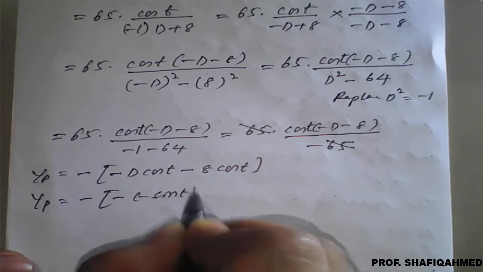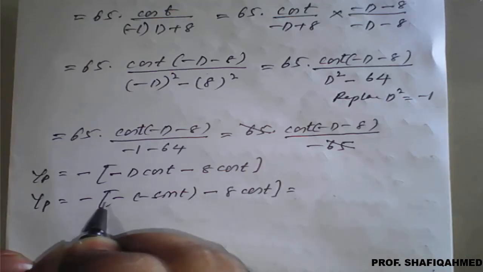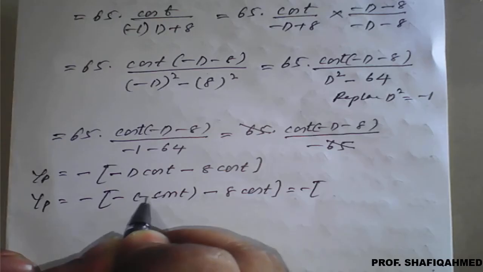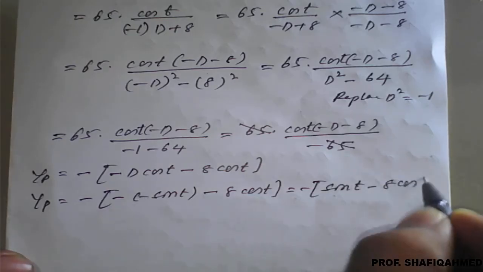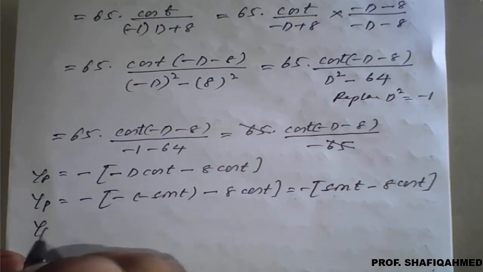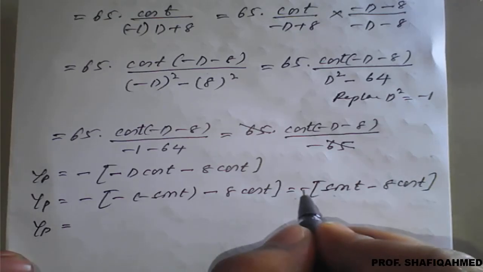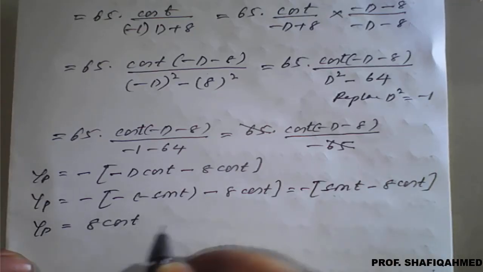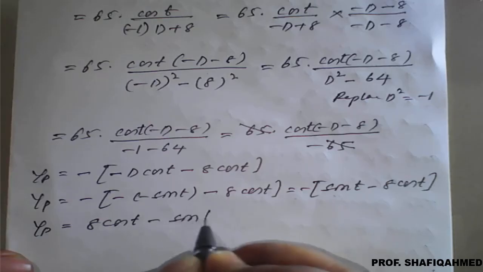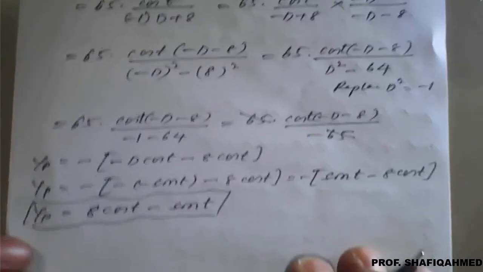Minus sin t, minus 8 times cos t as it is. Outside there is only minus, so it becomes plus sin t minus 8 times cos t. Or yp is equal to, if you open this with the negative sign, what do you get here? 8 cos t minus sin t. So we got the particular integral.